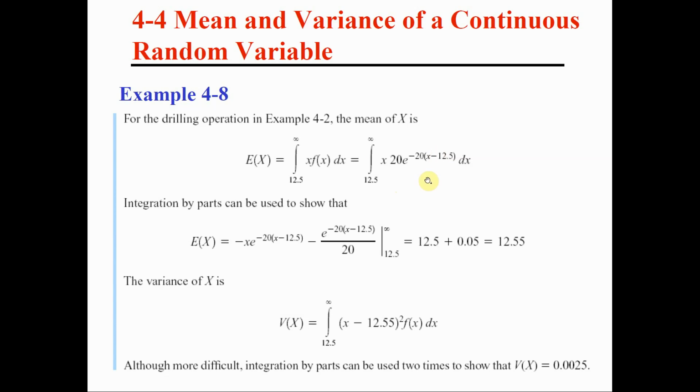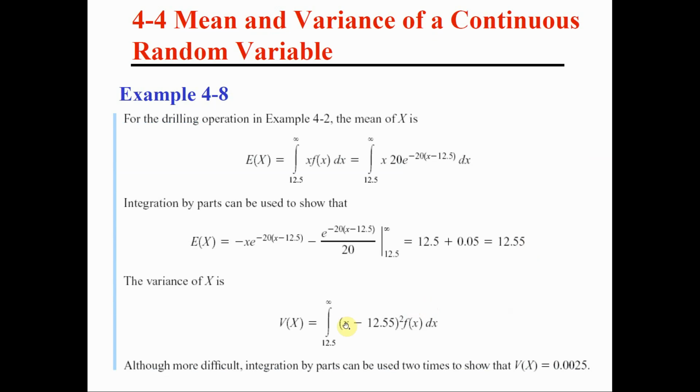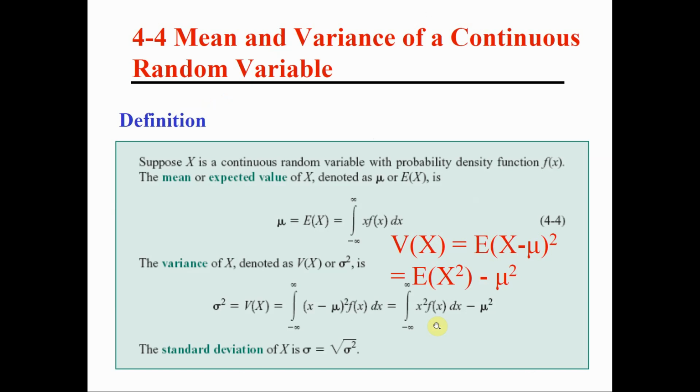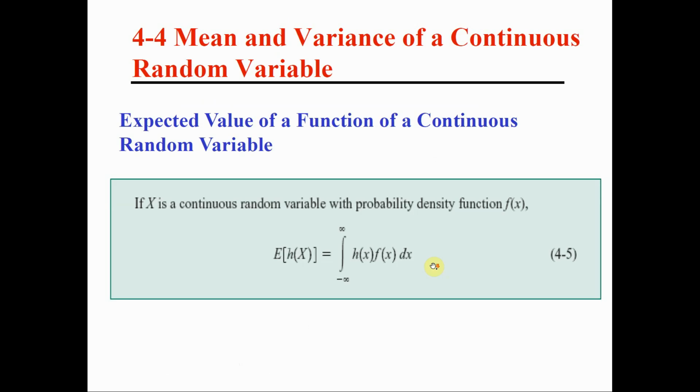But once we get the value of the integral, we have to subtract mu squared, which is 12.55. However, we have to square it. What you see here is basically the use of the original definition, x minus mu, so x as a variable minus mu, which is 12.55, and then squared multiplied by f of x dx. But we are very used to using this equivalent definition, which is also easy to use, even easier.